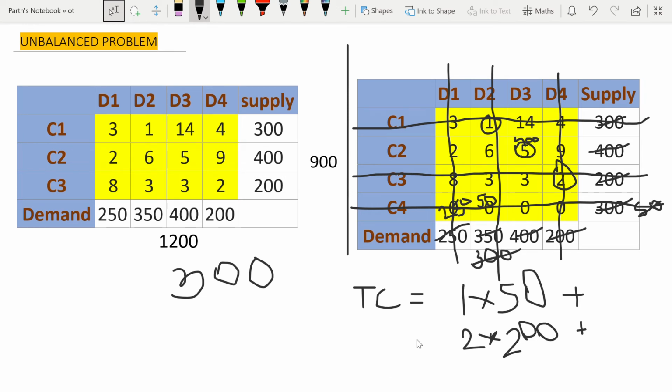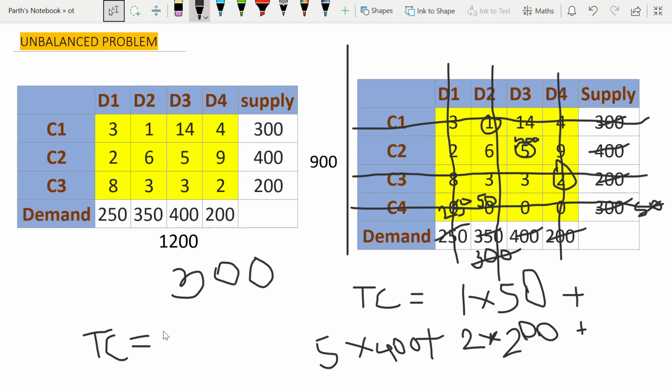So I'm writing here, as there is zero allocation here, there is no existence, so there is no meaning of writing this. So the total cost coming out is 450 plus this 2000, that is 2450.